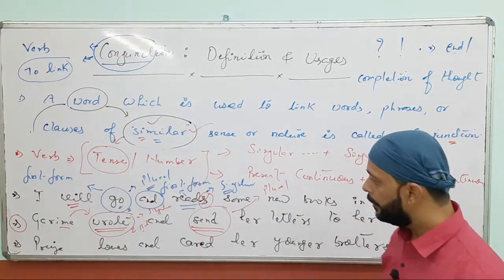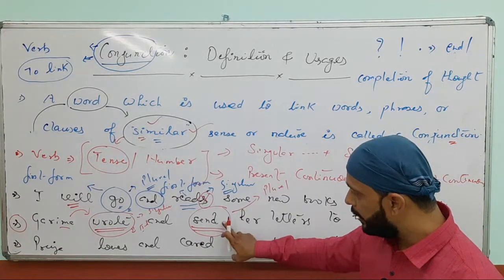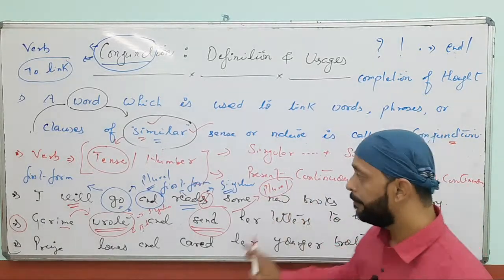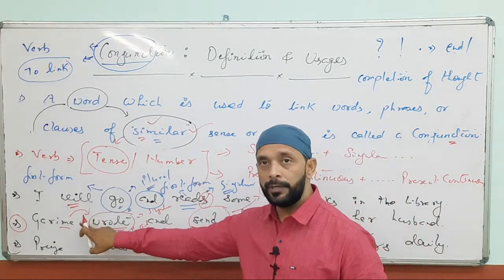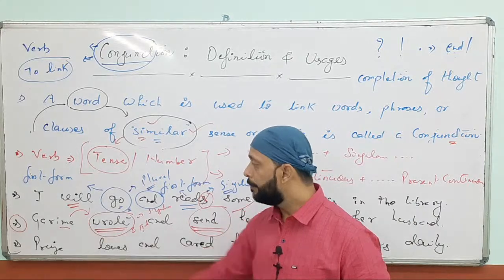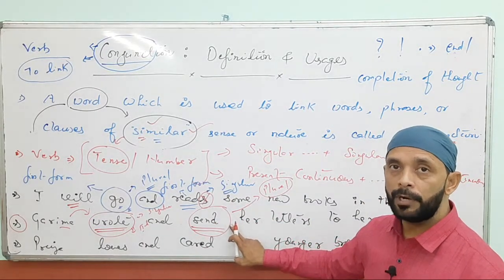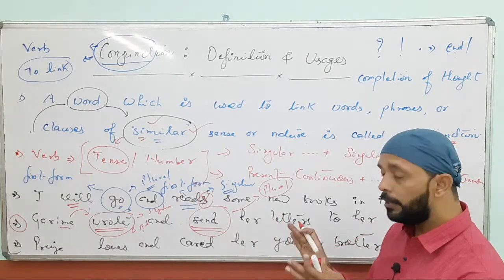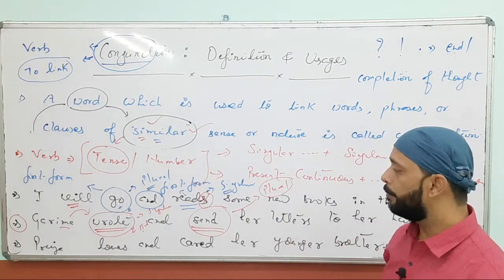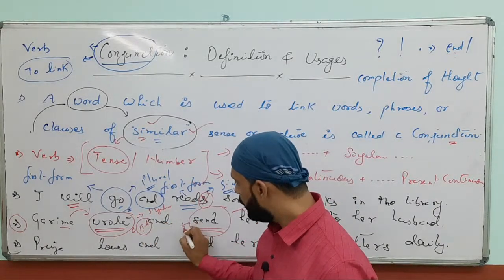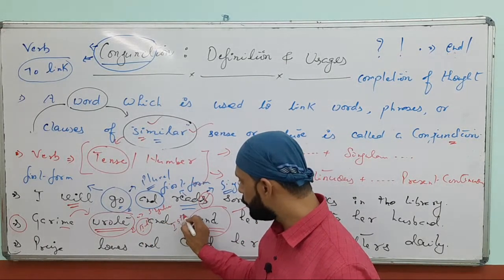The next point. If you try to see, send is the first form, it is plural. The first difference is that wrote is singular according to subject Garima, and send is plural according to its basic form of verb. That is the number difference. Second point. Wrote is showing the second form and send is showing the first form.